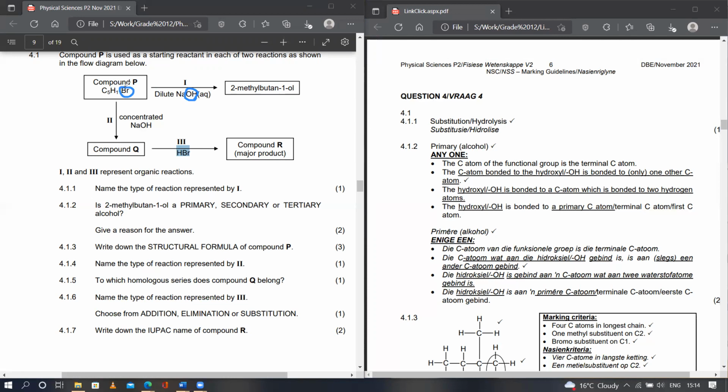So since it's gonna replace it, you can say bromine has been substituted by the hydroxyl group. So that's why they say it's a substitution reaction, because this bromine is gonna go out and the hydroxyl group is gonna go in. So I'm pretty sure you understand that part, why they say it's a substitution reaction.